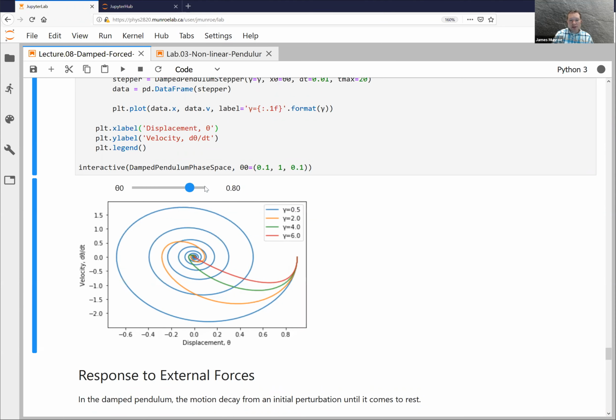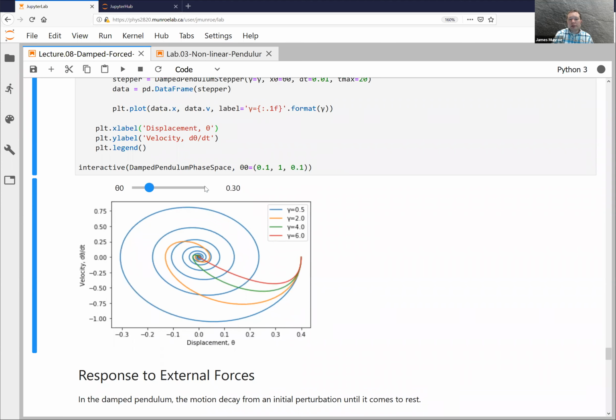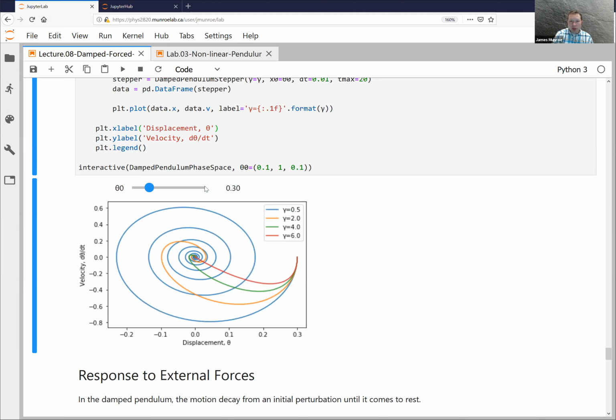As I shrink this down, and let's say I gave it only a little displacement, so it was only a third of a radian, the picture is exactly the same. And what this speaks to is that in a damped situation, there's a certain time constant about how long a system takes to slow down. That time constant is independent of the initial condition all the way through. So this is another way of looking at these oscillatory systems.